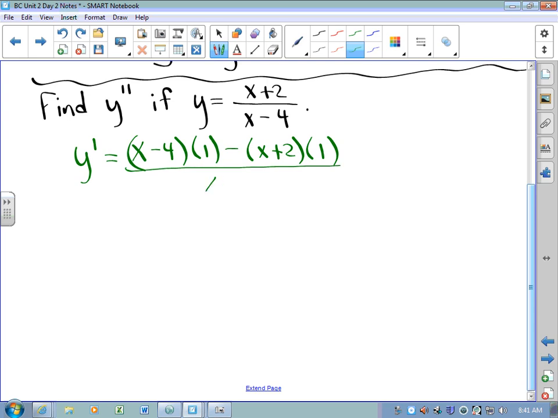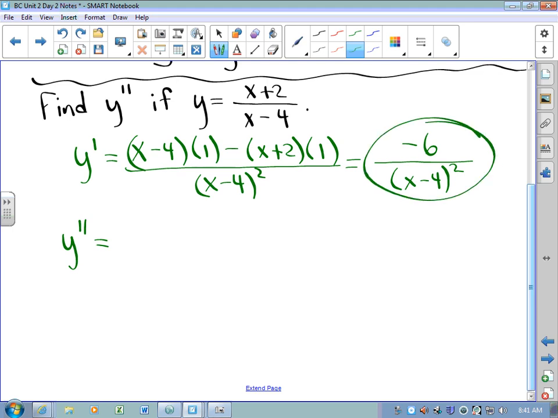For the rest, you won't be scared. It's all over the bottom squared. This is calc. Your denominator is x minus 4 squared. Your numerator is x minus 4 minus x minus 2. That's negative 6.